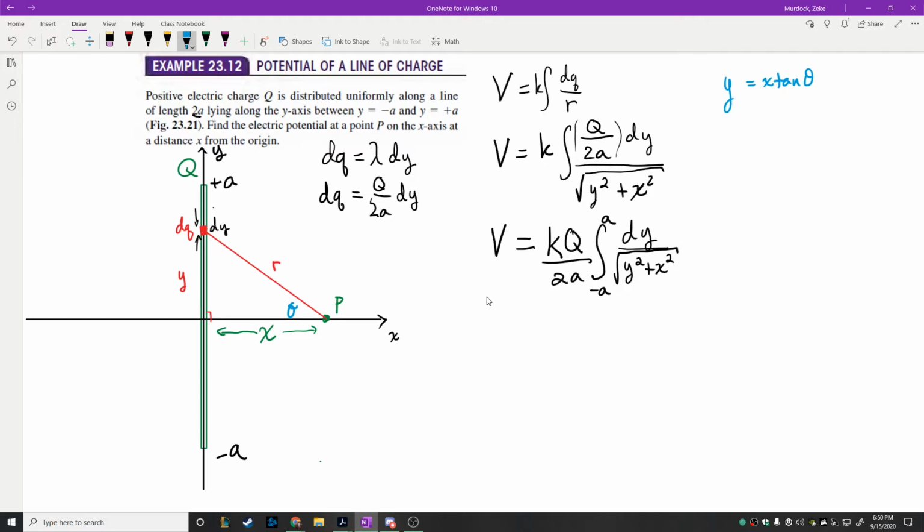Draw out the triangle. Here's the triangle, right? We've got it right here. If you call that theta, then this is true, right? Because then y over x would be tan theta. So, anyway, dy would be x secant squared theta d theta. And we can try to plug that in here.